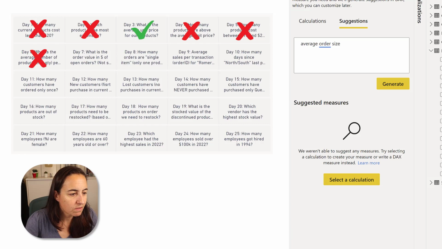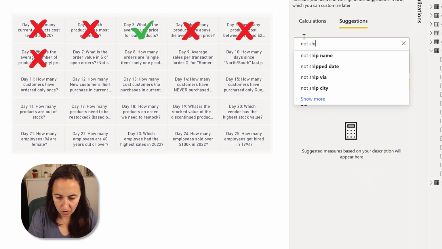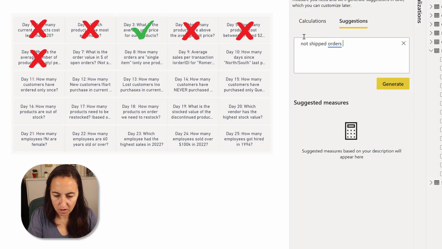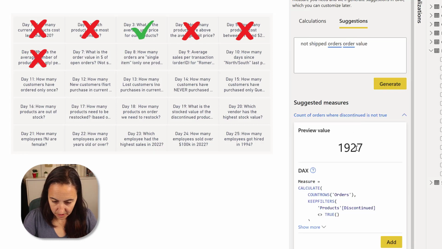7, what is the order value in dollars of open orders? Not shipped orders. Order value. Let's see. Count of orders where discontinued is not true.